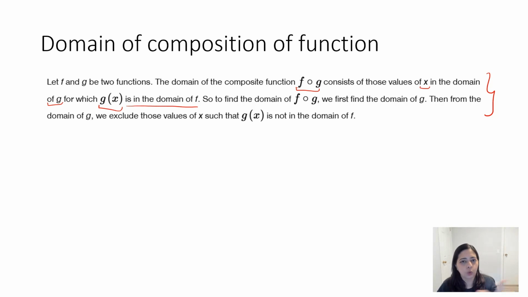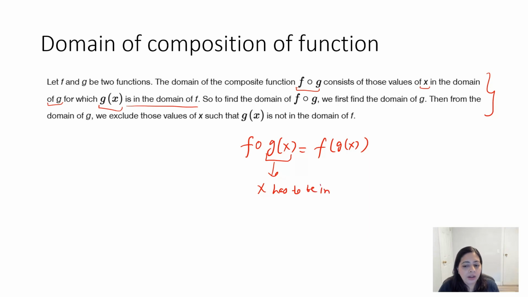In other words, when you are talking about this function, first x has to be in the domain of g, because if x is not in the domain of g, then how would you apply the function g's definition here? On the variable x, g gets applied first. So x has to be in the domain of g.